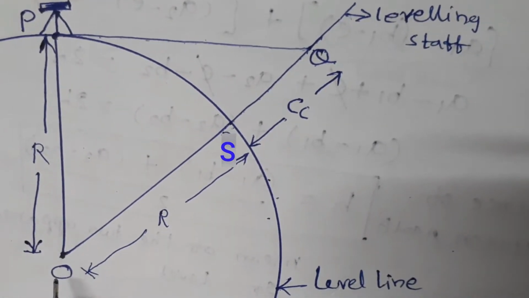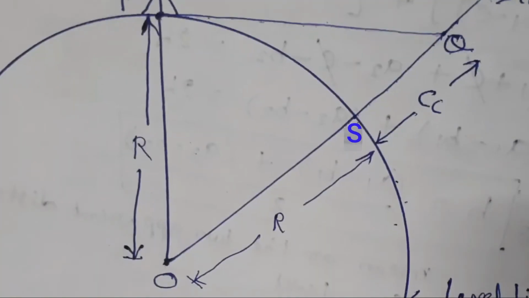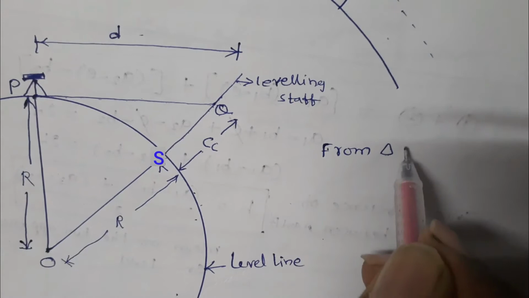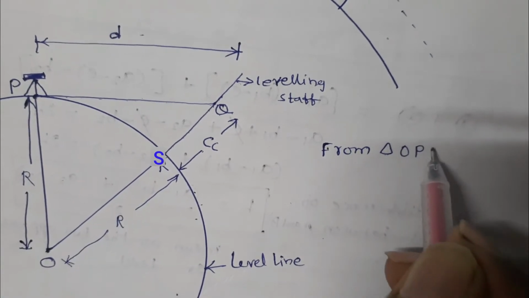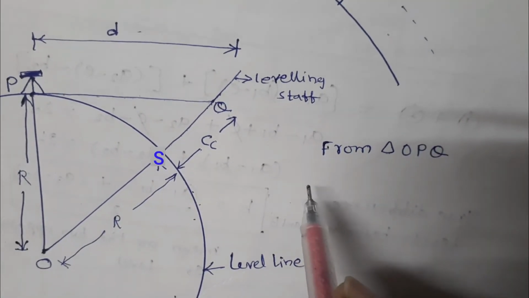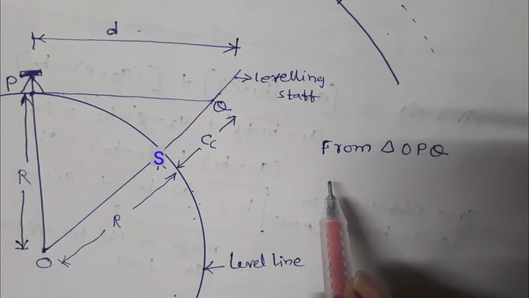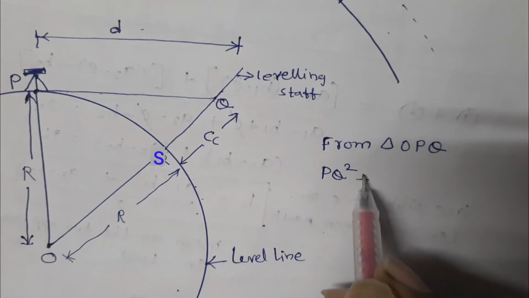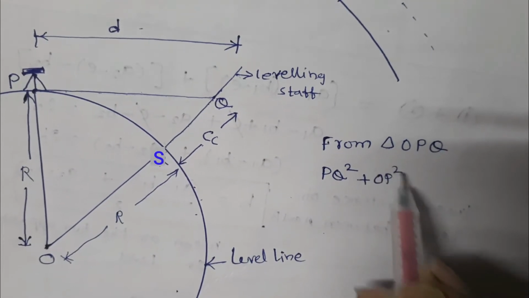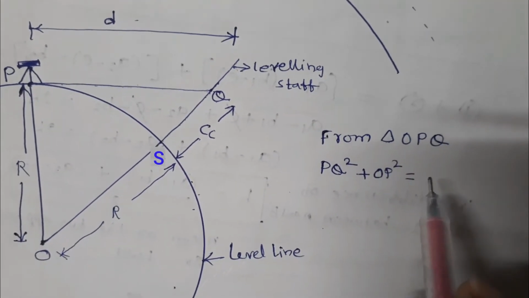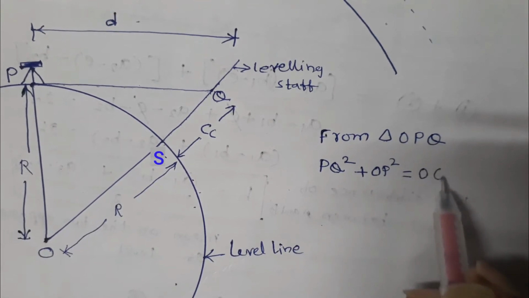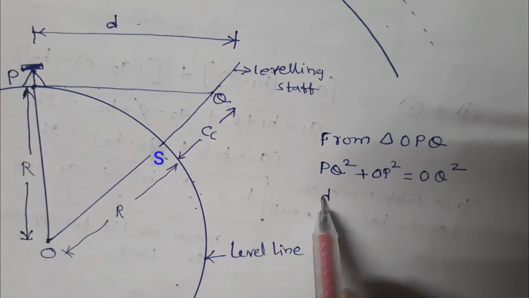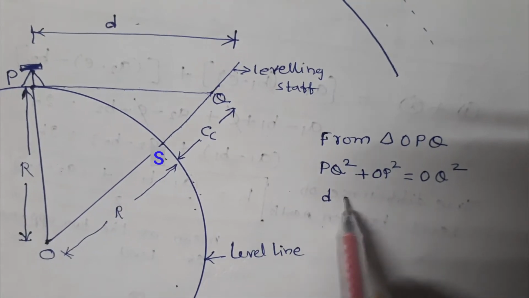From triangle OPQ, we can write PQ square plus OP square is equal to OQ square. PQ is the distance between instrument and leveling staff.